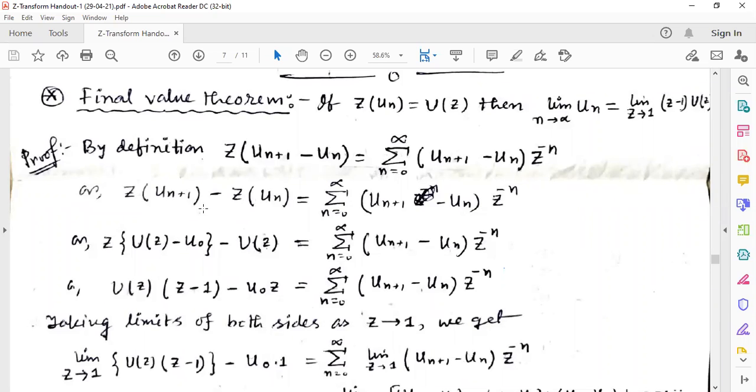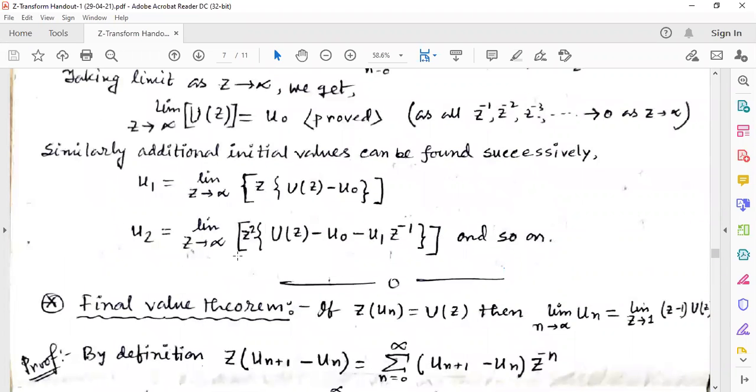Here we are using the linear property of Z transformation, which was already taught in the previous class. Here also we can write summation n equal to 0 to infinity (u_(n+1) minus u_n) into z to the power minus n. Now, in the previous result, Z transformation of u_(n+1) means U(z) minus u0.